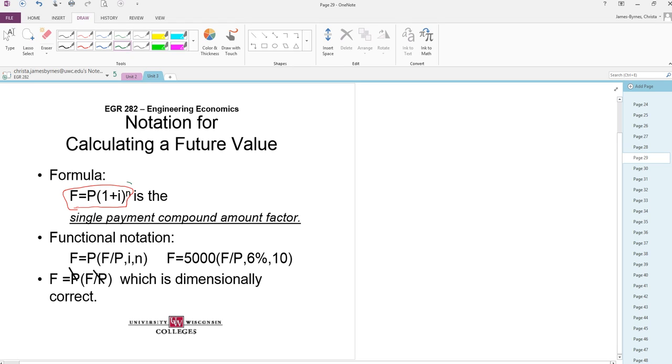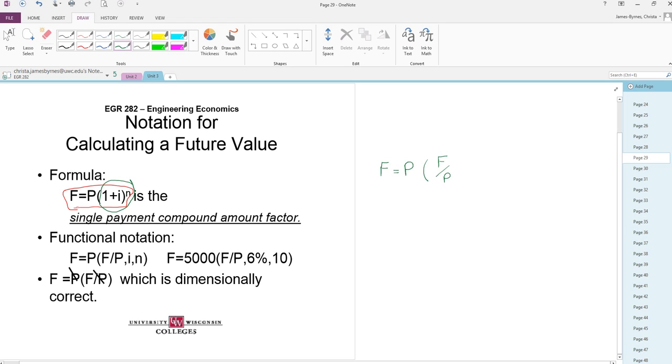I'm going to take this part, and I don't want to memorize that. So what I'm going to say is the future amount is equal to the present amount times, instead of saying (1 plus i) to the n, I'm going to say find a future given a present, because that's what I said.